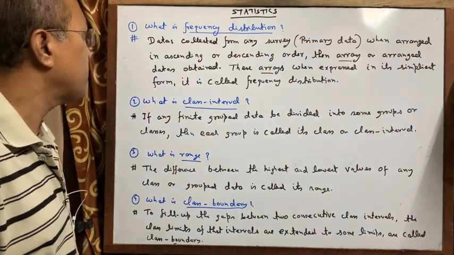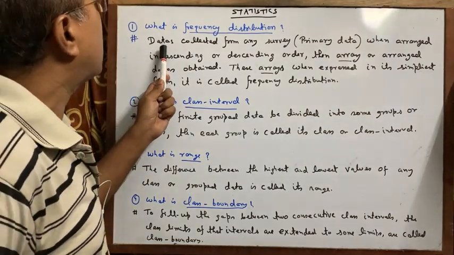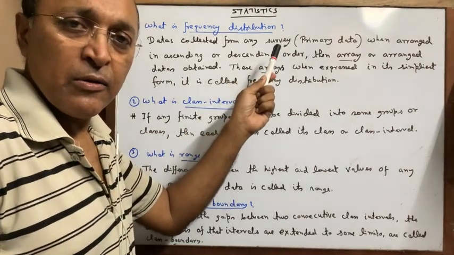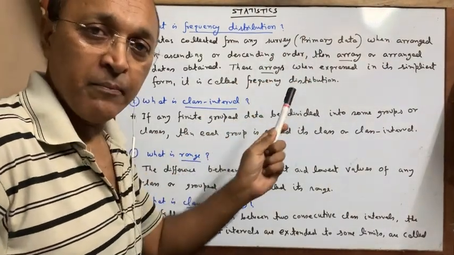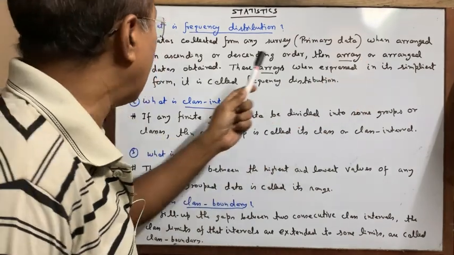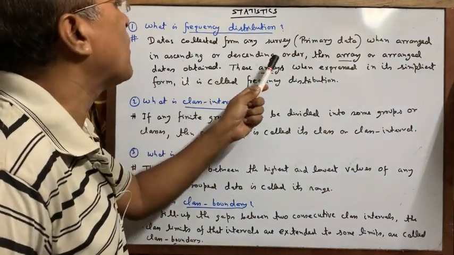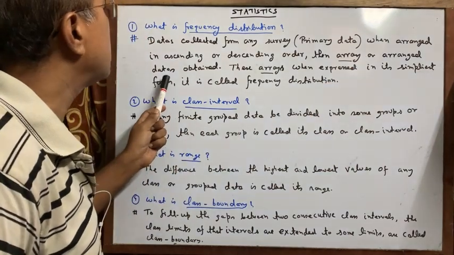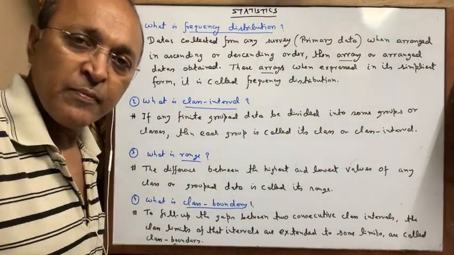Let's see what is given. Data collected from any survey are called primary data. When arranged in ascending or descending order, then array or arranged data is obtained.